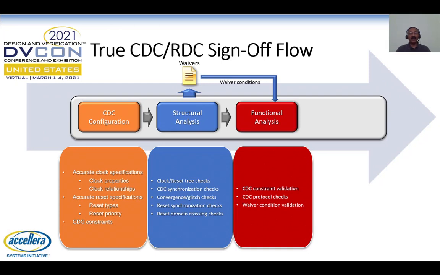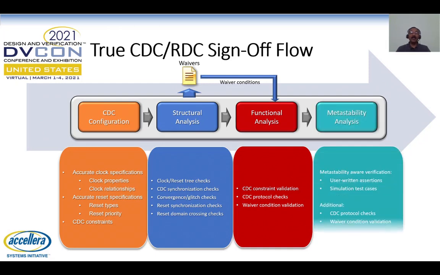Once the functional analysis is complete, we can move on to the metastability analysis step where we can verify either user written assertions or simulation test cases in presence of metastability. In addition, we can also validate the CDC protocol checks and the waiver conditions in presence of metastability to ensure that none of these functionalities break when metastability effect is injected into the system.